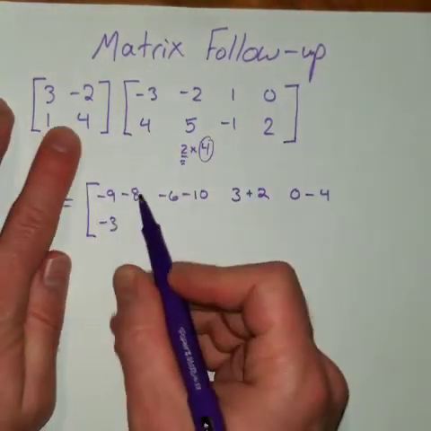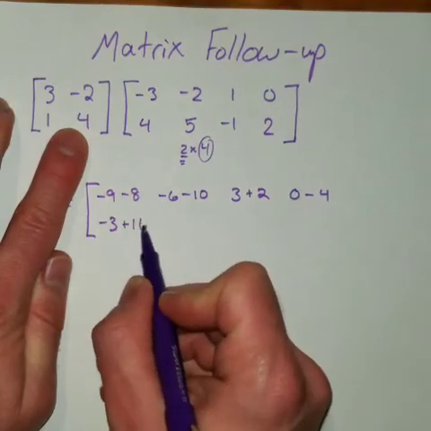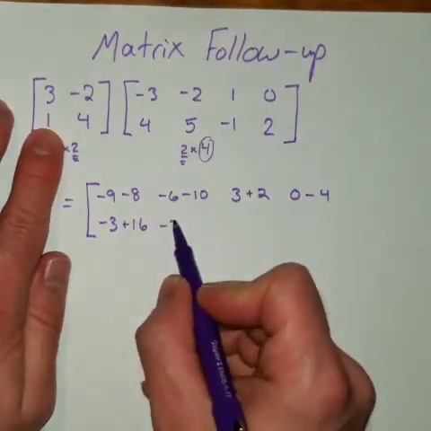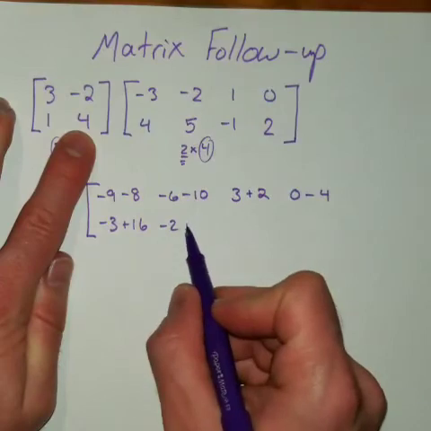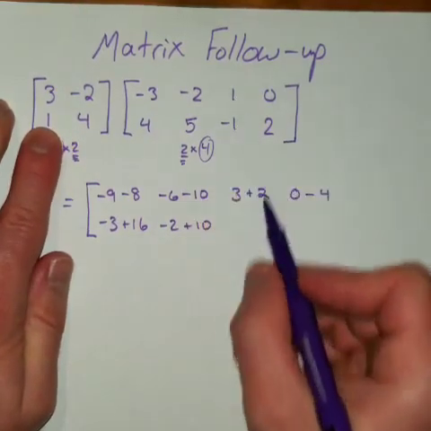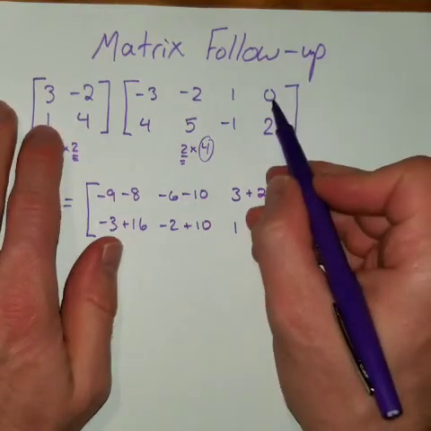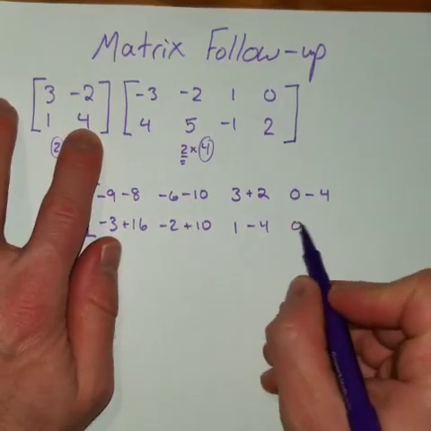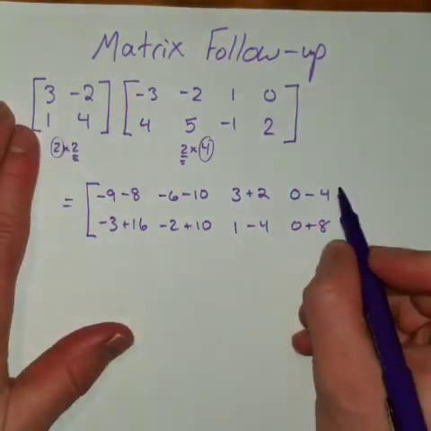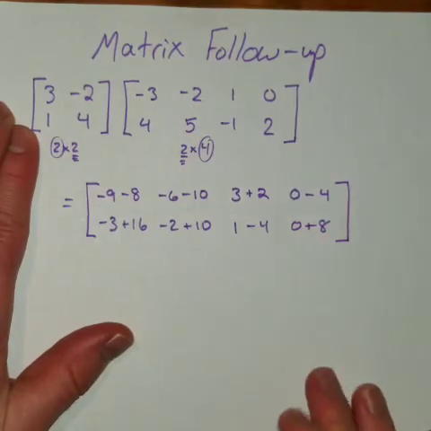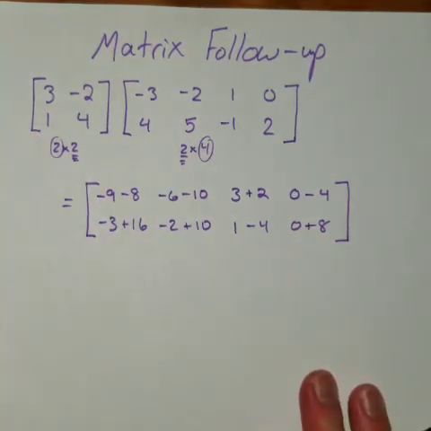That's negative 3 plus 16, negative 2 plus 20, 1 minus 4, and 0 and 8. Alright, so that should give us our second row.